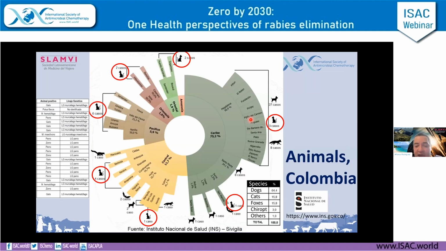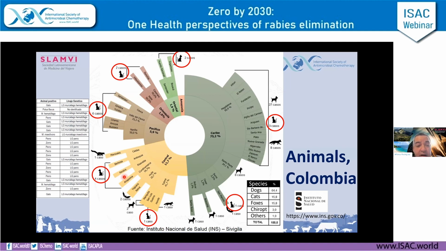But additionally, and this has been part of the recent discussion, for example at the Rabies in the Americas conference held just a few weeks ago here in Colombia, in some countries, which is the case of Colombia, cats are also involved in the epidemiology, and cats may transmit the hematophagous bat lineage of rabies and can be a link between wild rabies and human cases.